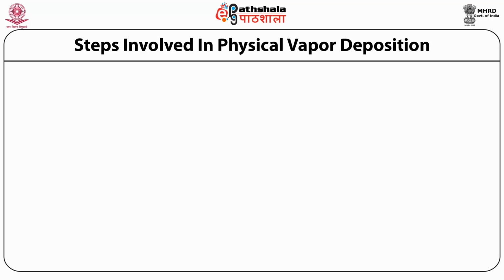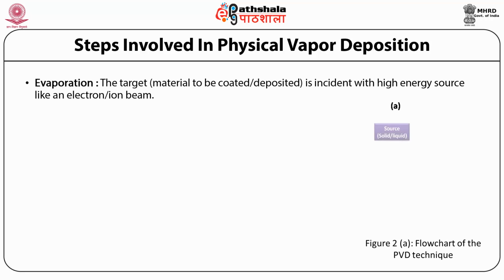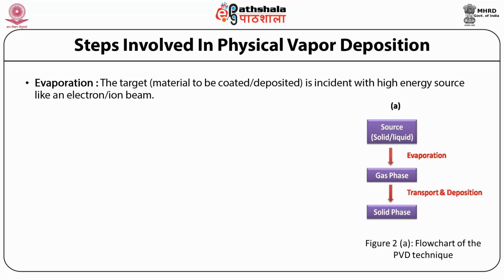Now discussing the various steps in the physical vapor deposition route, the first and foremost is the evaporation. We can see in the flow chart, the first one is the evaporation. The target, or the material to be coated or deposited, is incident with a high energy source like an electron or ion beam.